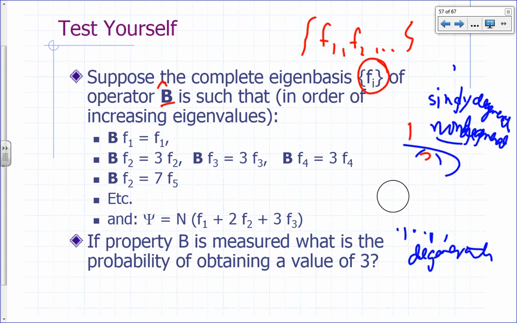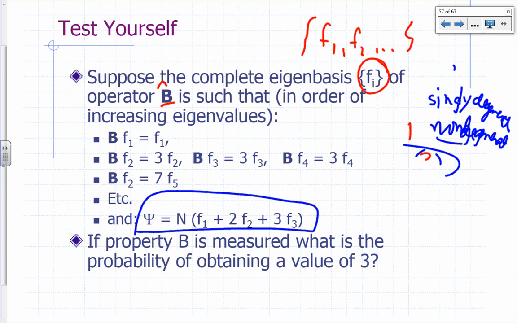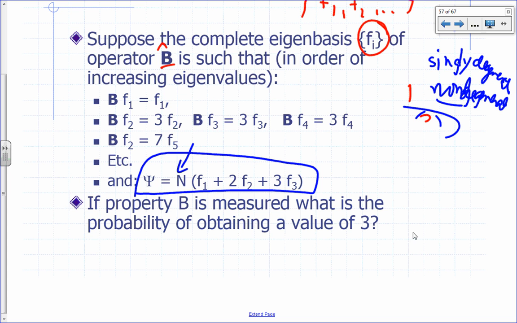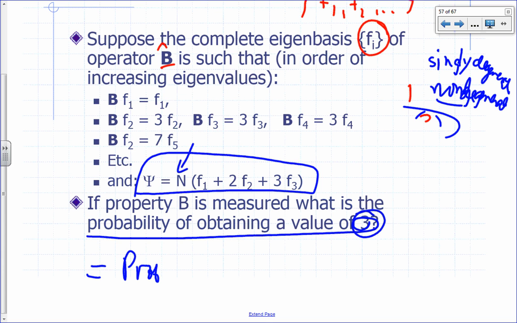So what if psi happens to be equal to some normalization constant n times f1 plus 2f2 plus 3f3? According to postulate number 4, what is the probability of obtaining a value of 3 if I were to measure B? So the answer would be equal to what? Probability that I'm going to get B equals 3.